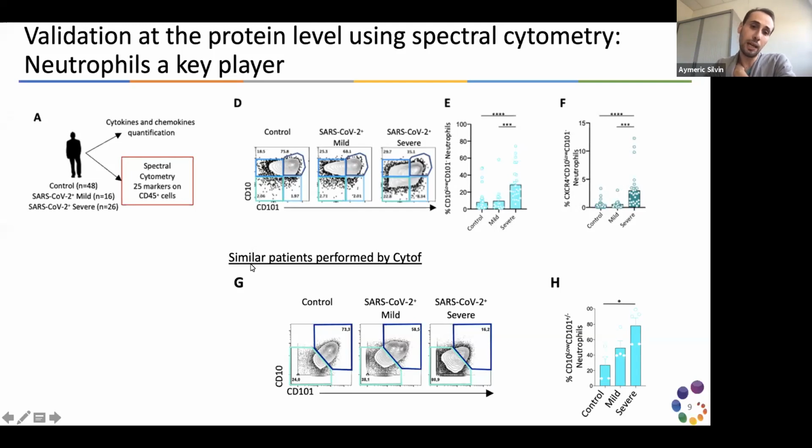And in order to confirm this data, we also performed some patients on CyTOF, and it took us 2 days of acquisition, while the spectral cytometry with the Aurora took us 1 full day for all the patients. And we observed also with the CyTOF that neutrophils were losing CD10 and CD101 in severe patients.